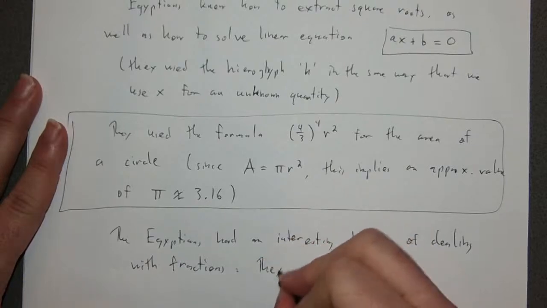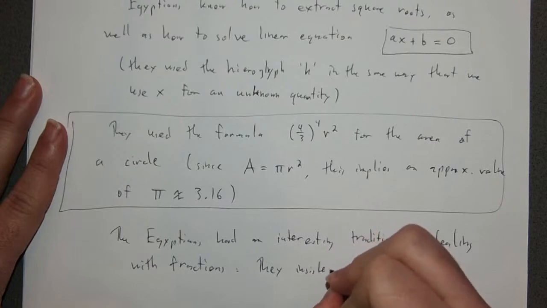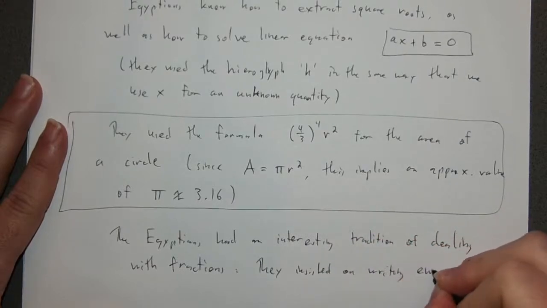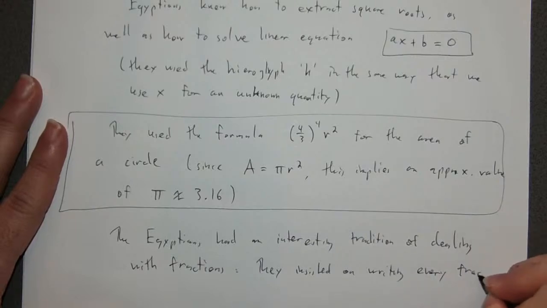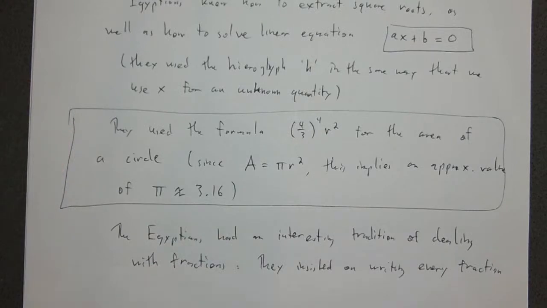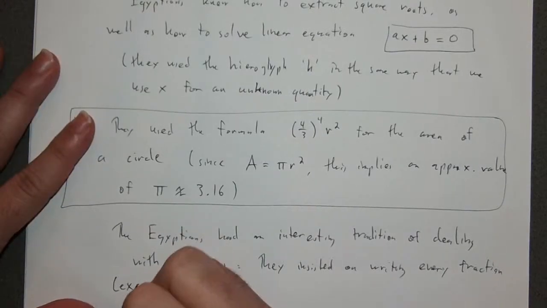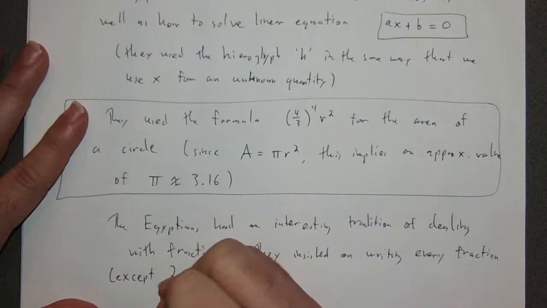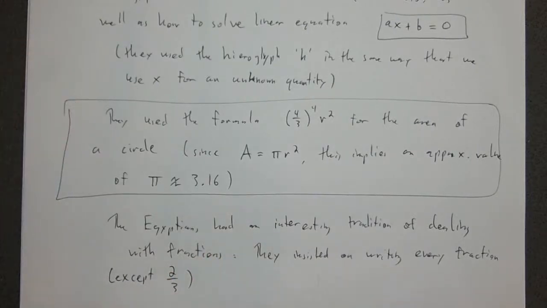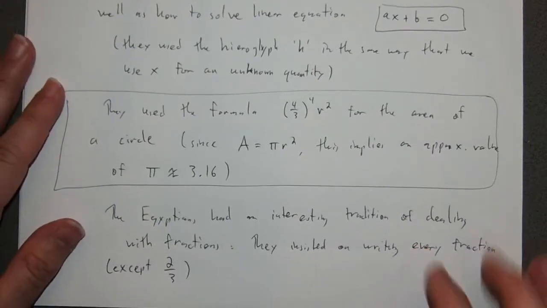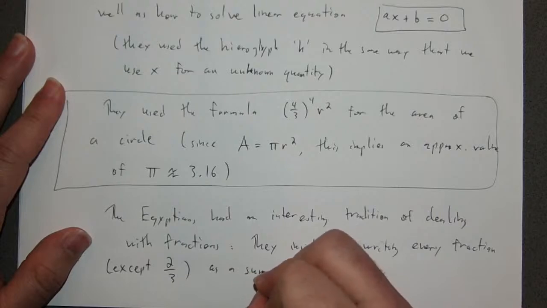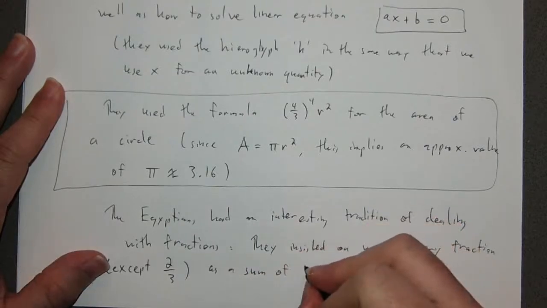What they did is they insisted on writing every fraction, except there was one exception, I believe 2/3. So for some reason 2/3 is exempted. Except 2/3, they wanted to write every fraction as a sum of unit fractions.